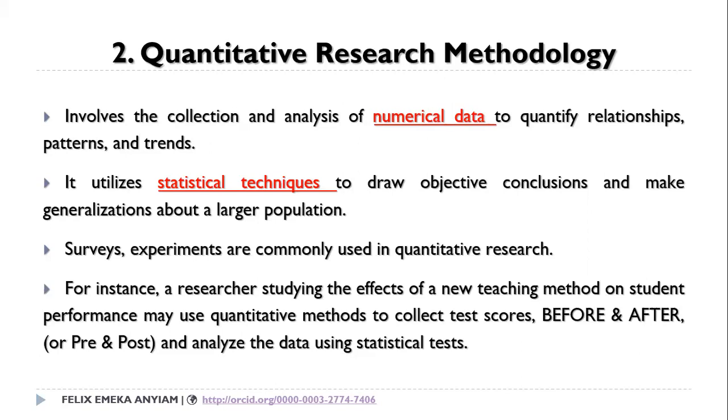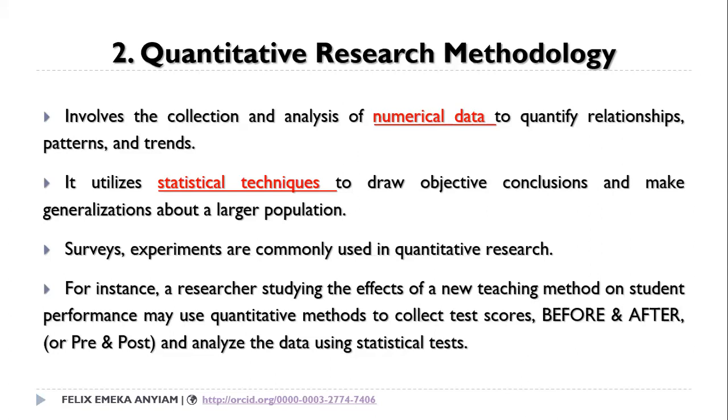So the mean test score before the new teaching method intervention, and the mean test score after. So these are the same population. You're testing their average test score before the intervention and after the intervention. So you're going to be using paired student t-test, not independent, because they are the same before and after, paired.